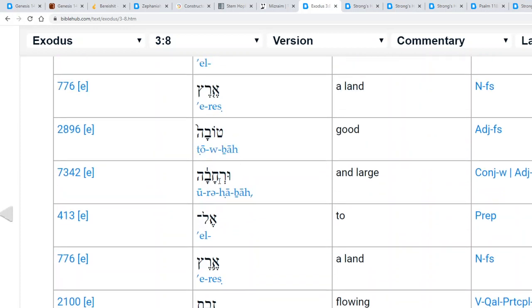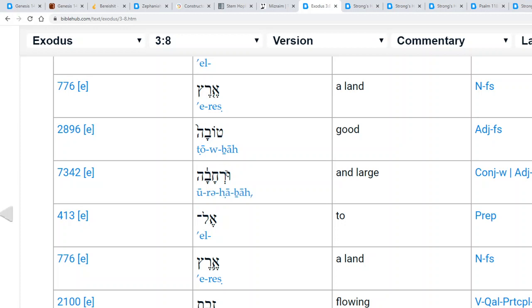Urachava, and this is also part of the reason I thought we should talk about this verse, because the root resh chet bet is something that is often used when talking about the land of Israel to contrast with Egypt. They're translating it as large. Obviously, there's the conjunctive vav there, and the hey puts it in the feminine because we're talking about land.